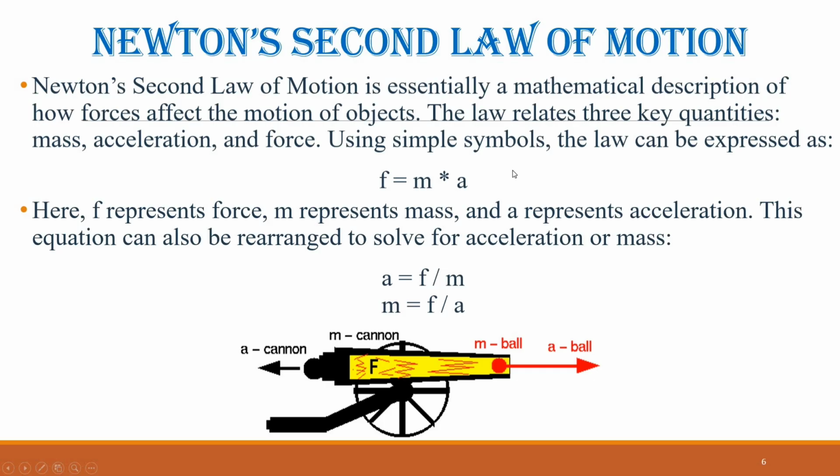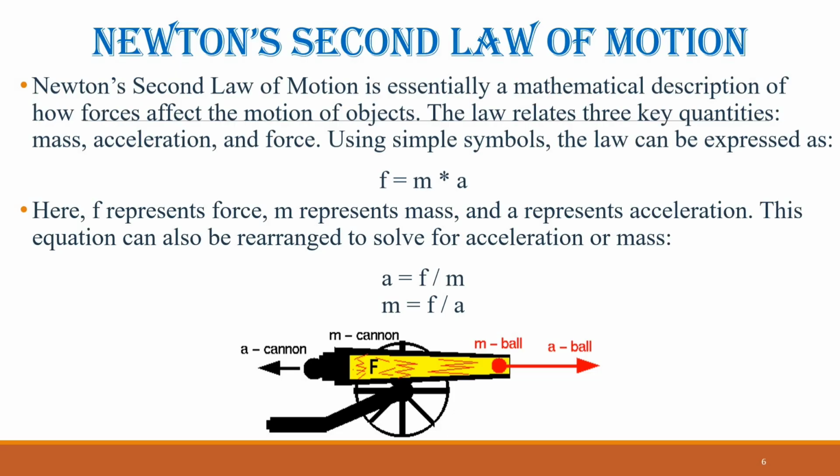Here, F represents force, M represents mass, and A represents acceleration. This equation can also be rearranged to solve for acceleration or mass. Acceleration equals force divided by mass. Mass equals force divided by acceleration. The first version is the one most commonly cited when discussing Newton's second law.